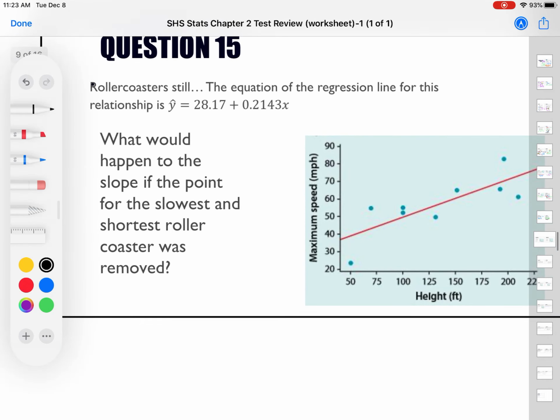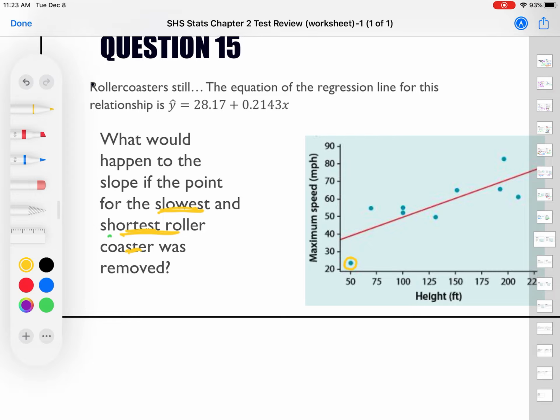All right. Still about roller coasters here. So question number 15. What would happen to the slope if the slowest and shortest, okay, slowest would be this one, and the shortest and slowest roller coaster was removed?